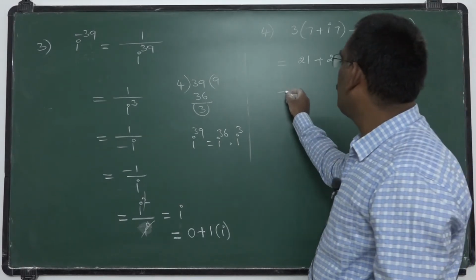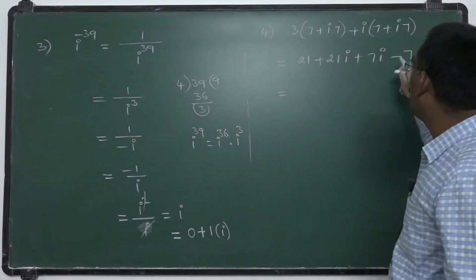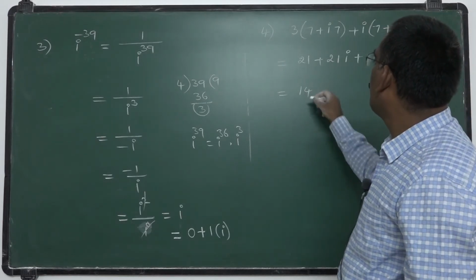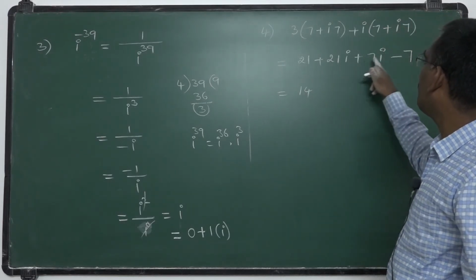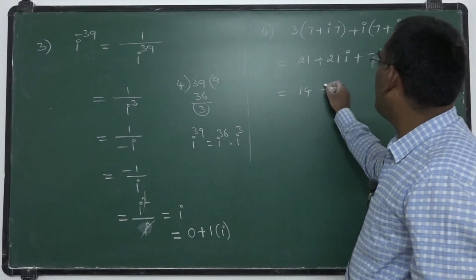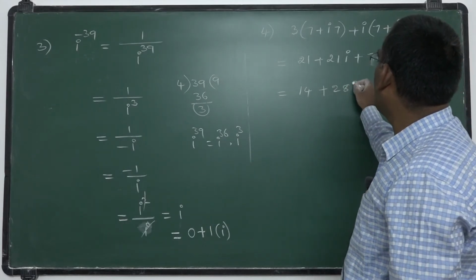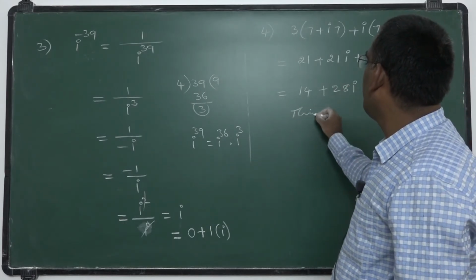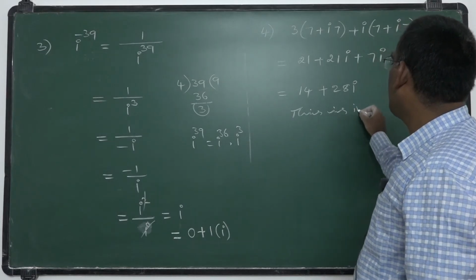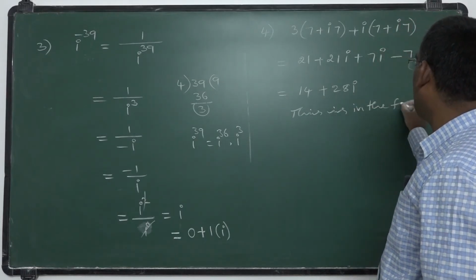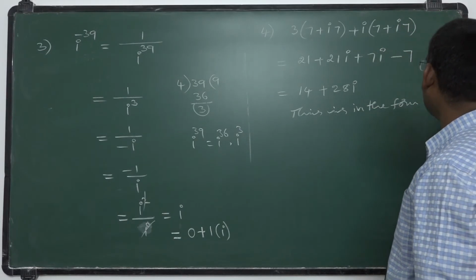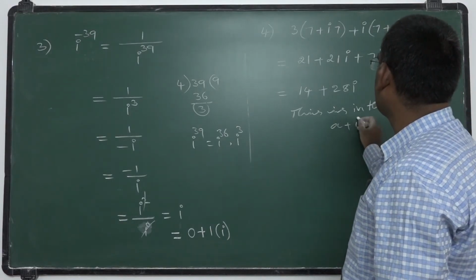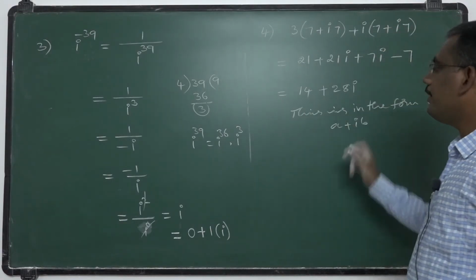So that is equal to 21 minus 7, 14, plus 21i plus 7i, nothing but 28i. So this is in the form of a plus ib. So a is 14 and b is 28.